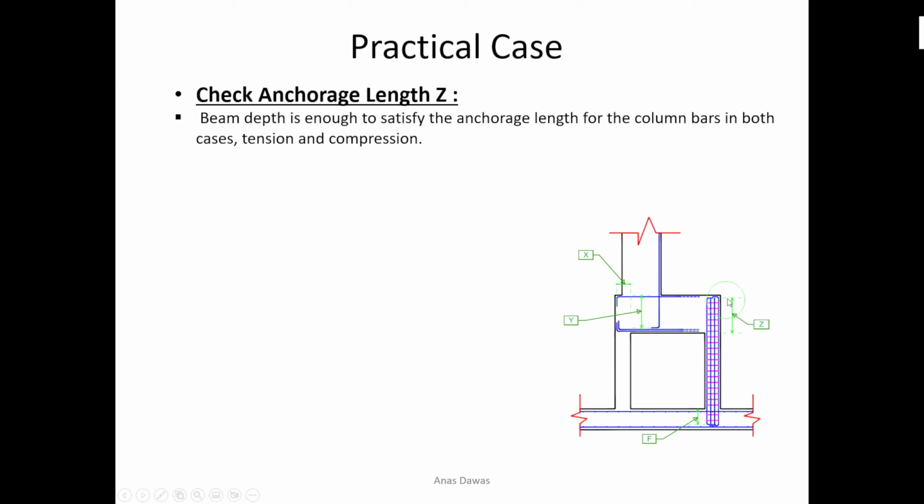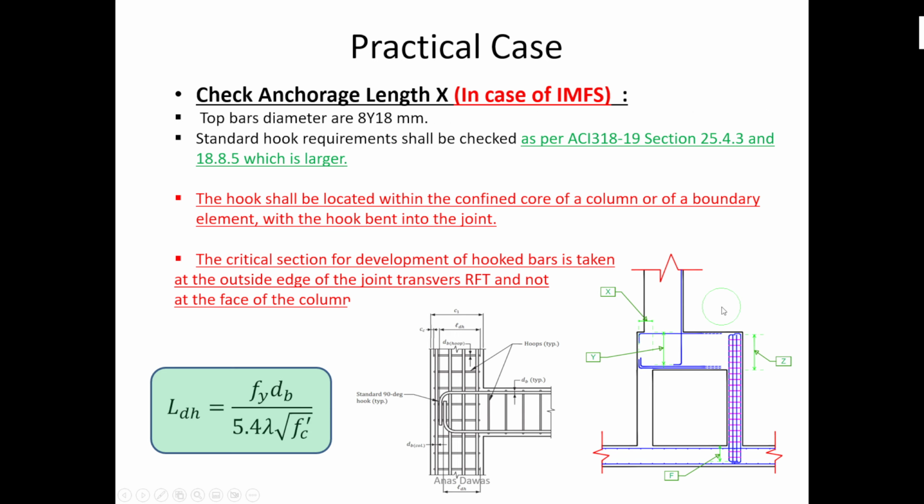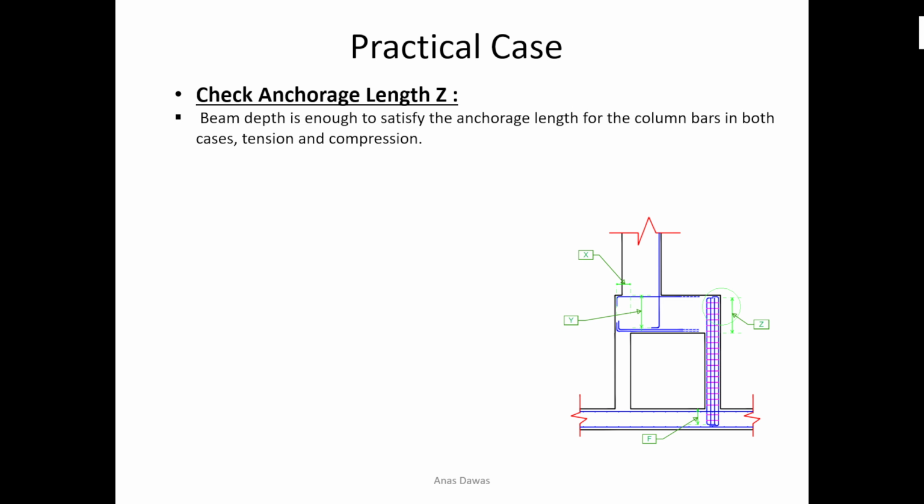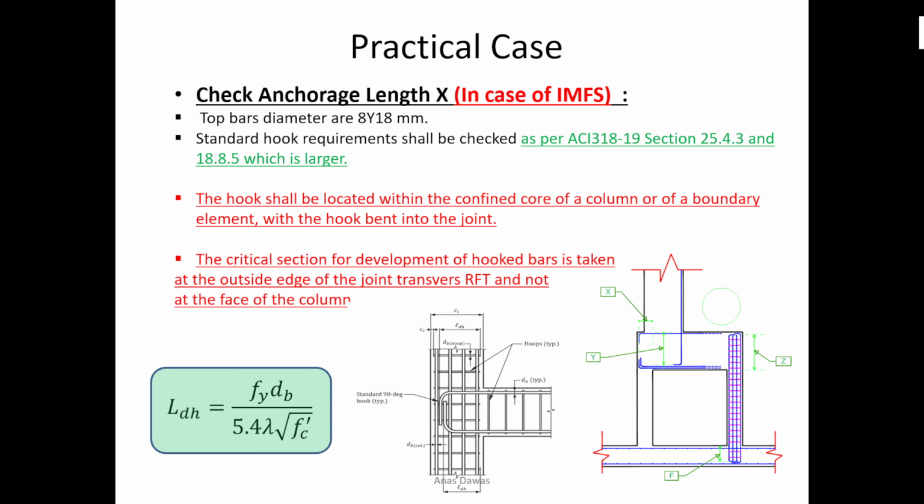Also for Z, we know that the depth of the transfer beam is more than enough to develop the bars in compression and in tension. But if you have a problem, you can use additional confinement ties to reduce the required tension length.